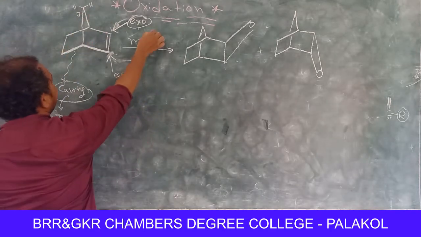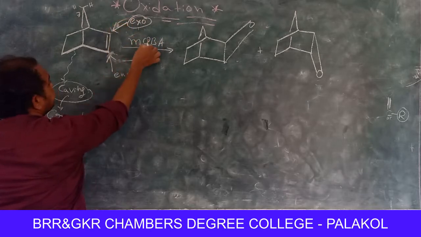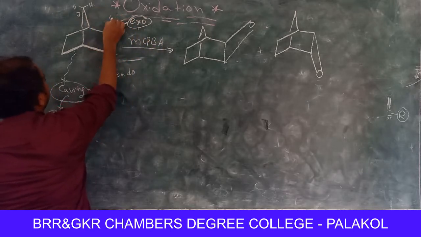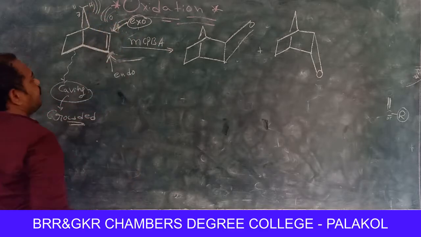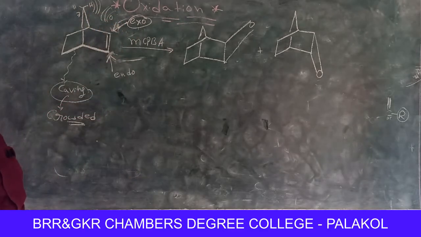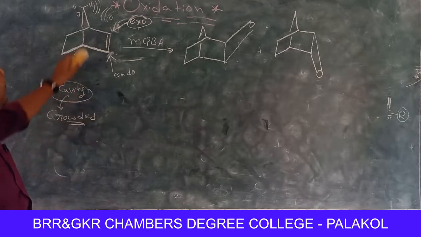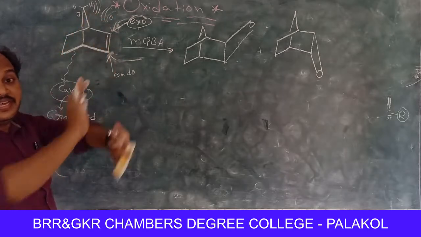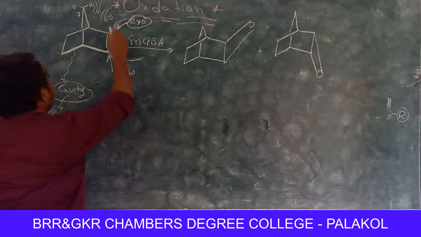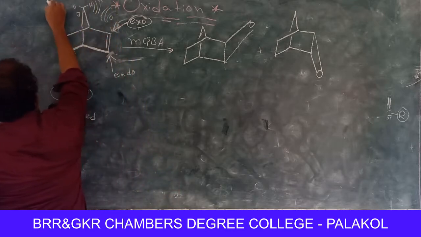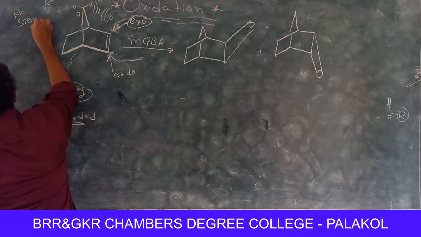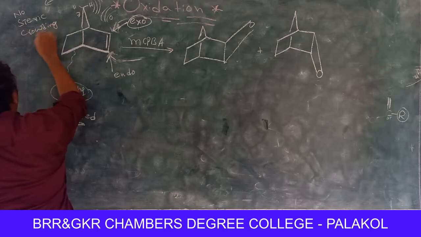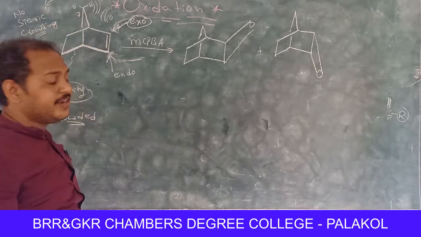If mCPBA approaches from this direction, there is no steric crowding between the oxygen from the exo direction and the hydrogens at the 7th carbon. So no steric crowding between these two, right?